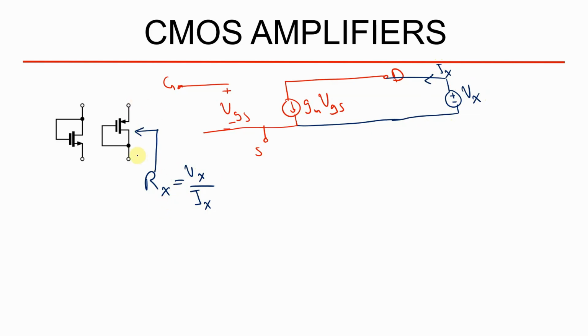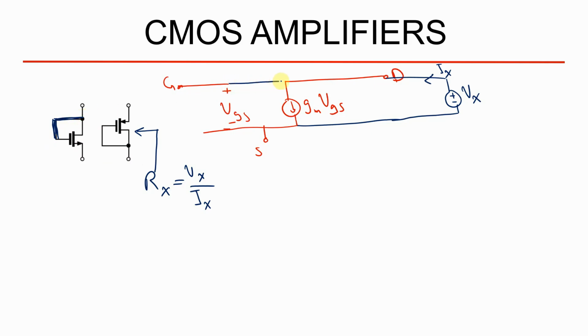If you look at it carefully, you can see there is a short circuit between gate and drain of this transistor. So I'm going to use this short circuit to calculate my resistance.